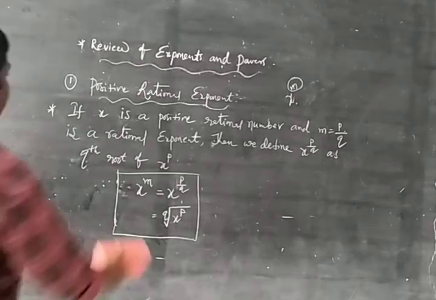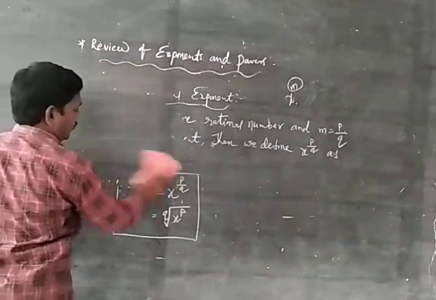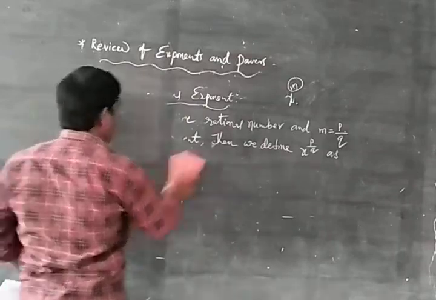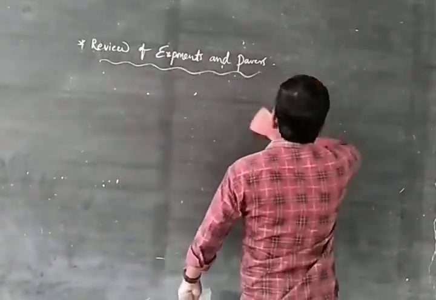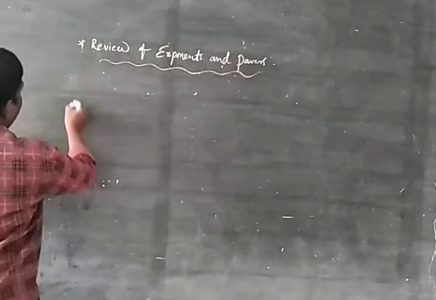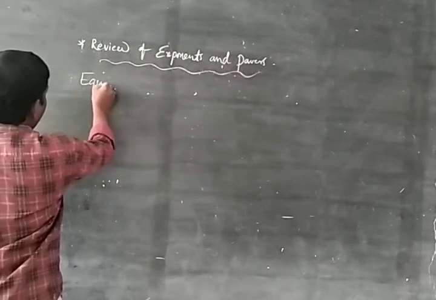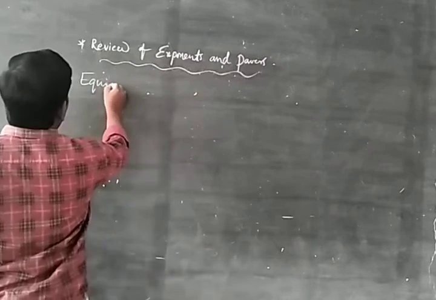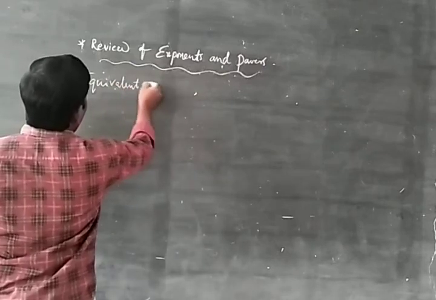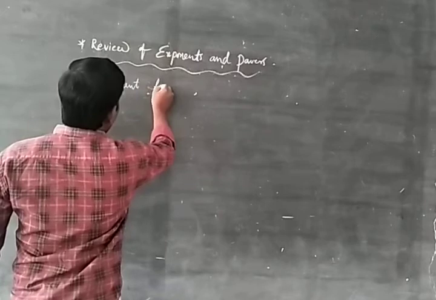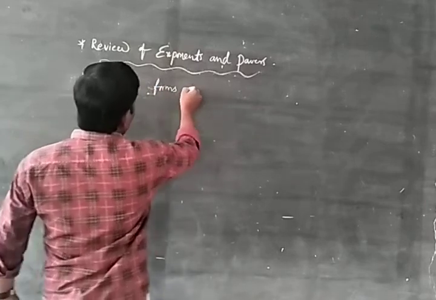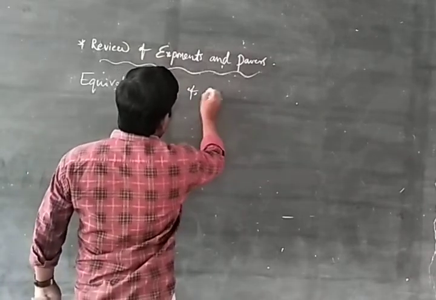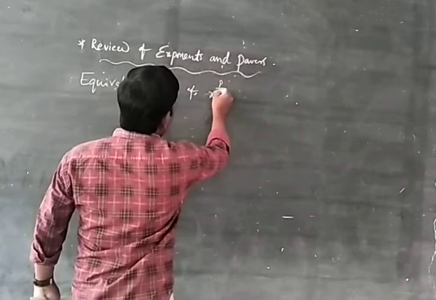Now, the equivalent forms of x power p by q.